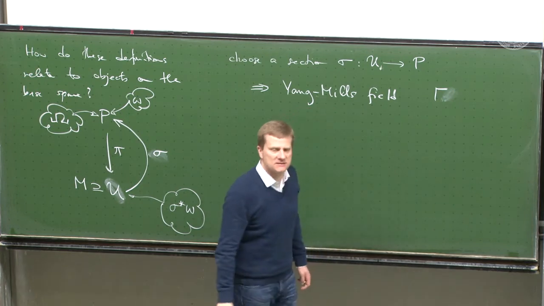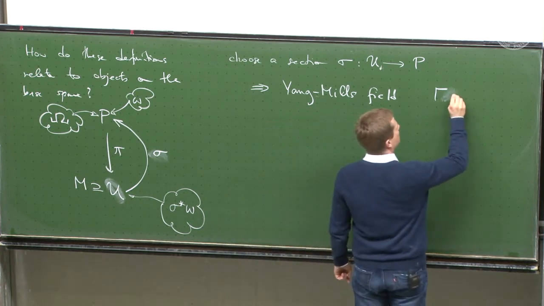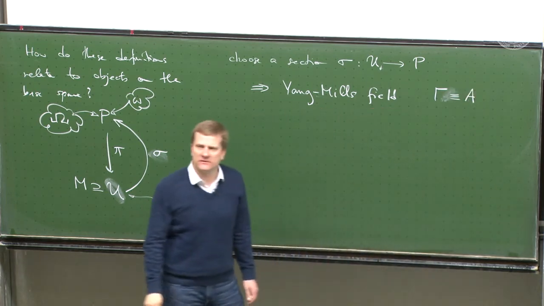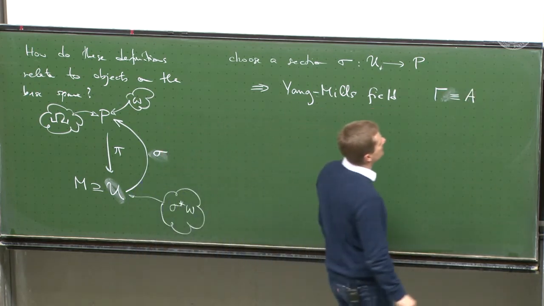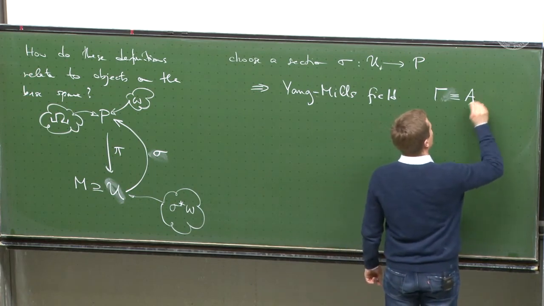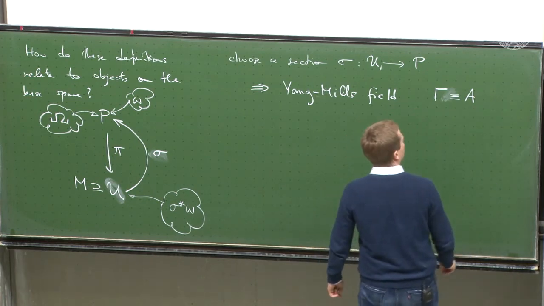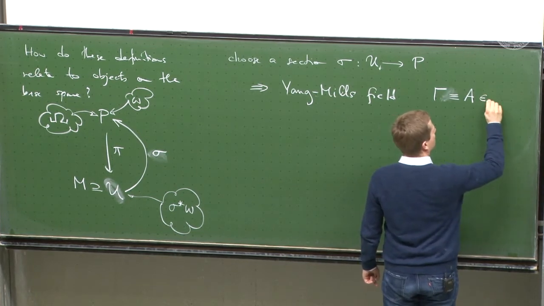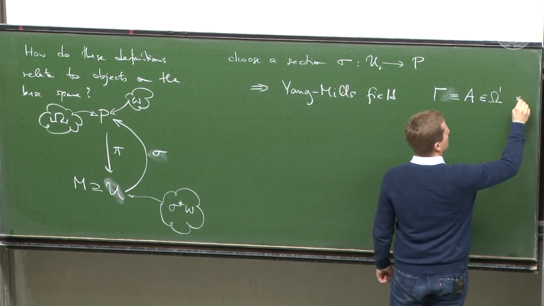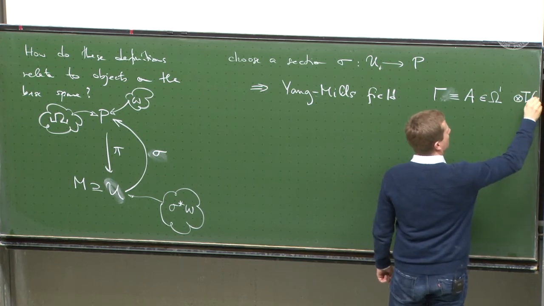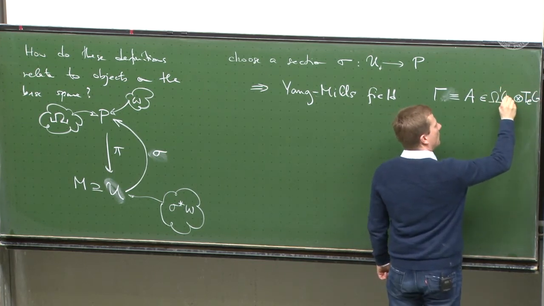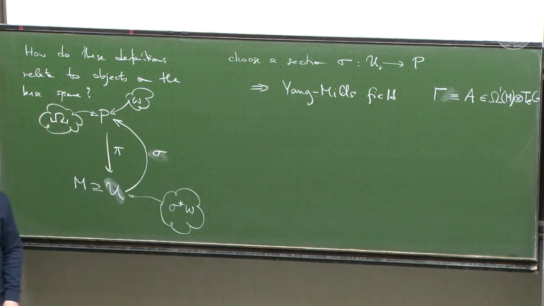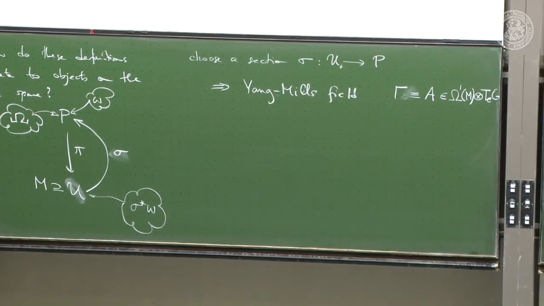That would remind us of the differential geometry case, or we could call it A. That would remind us of the gauge theory case in particle physics. But in any case, these are now Lie algebra valued 1 forms, but now on the base space. Okay? Well, that was the whole point of the Yang-Mills field.